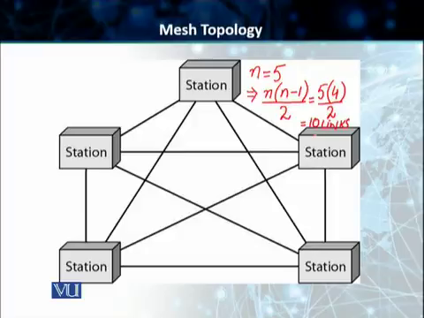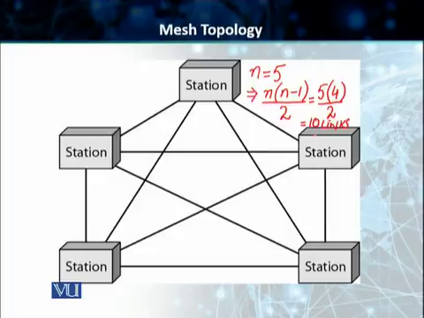Secondly, students, this topology is one of the most reliable ones because it's robust. What do I mean by robust? Students, the topology is robust because if one link becomes unusable, you still have the entire system to work with.